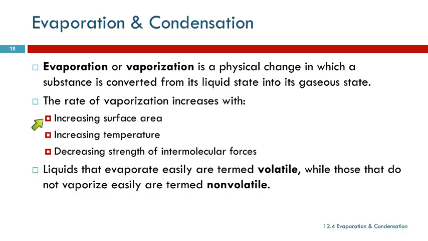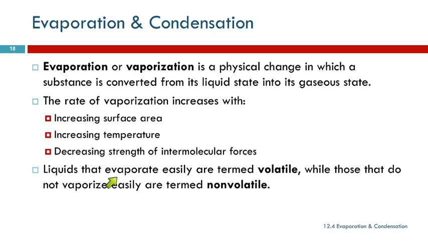So, surface area, temperature. What about intermolecular forces? Well, alcohol has weaker forces of attraction between the molecules than water does. And I think we know from experience, if you've got alcohol on your skin, it evaporates very quickly, much more quickly than water does. And that's due to differences in the strengths of intermolecular forces.